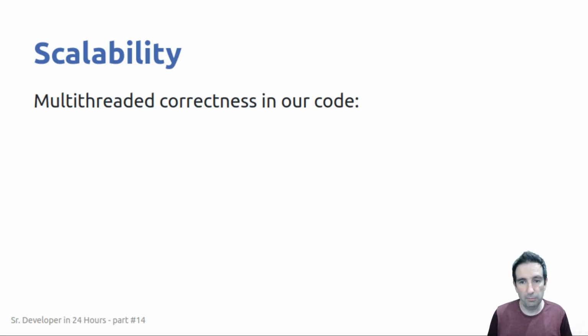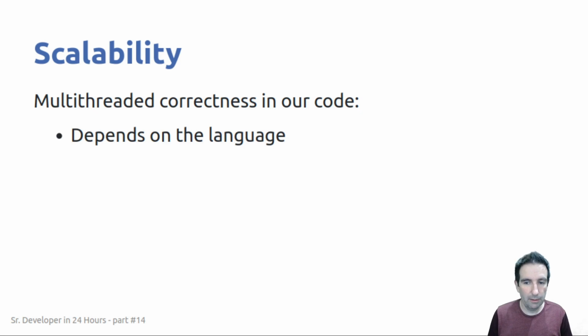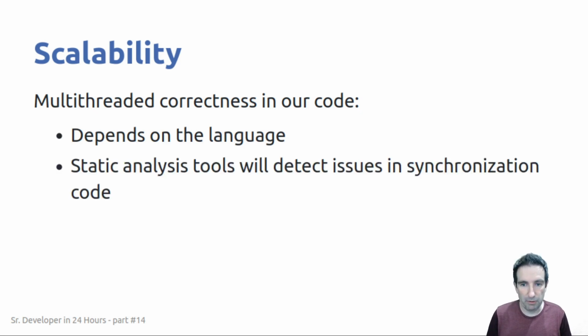So, multi-threaded correctness in our code depends on the language, as I mentioned already. Static analysis tools, which is something that we'll talk about in the next session, can help us detect issues in synchronization code.